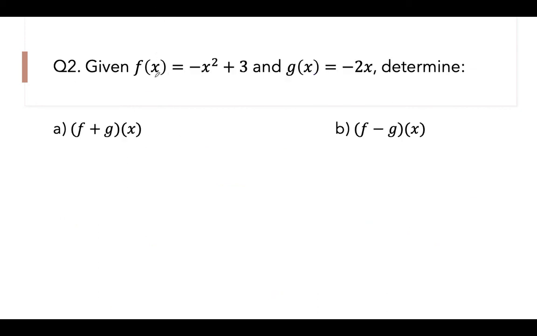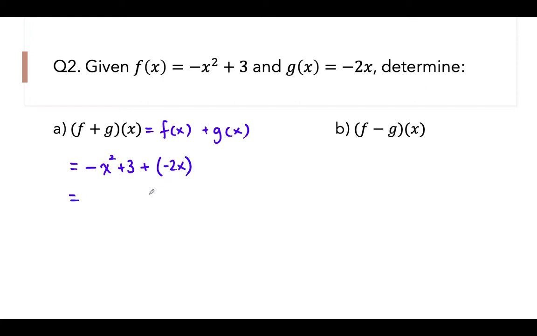So we're given f of x and g of x. We have a parabola and a linear function, and we need to determine f plus g of x. We're sharing the same input of x, so I'm going to separate it: f of x plus g of x. f of x is -x squared plus 3, and g of x is -2x.